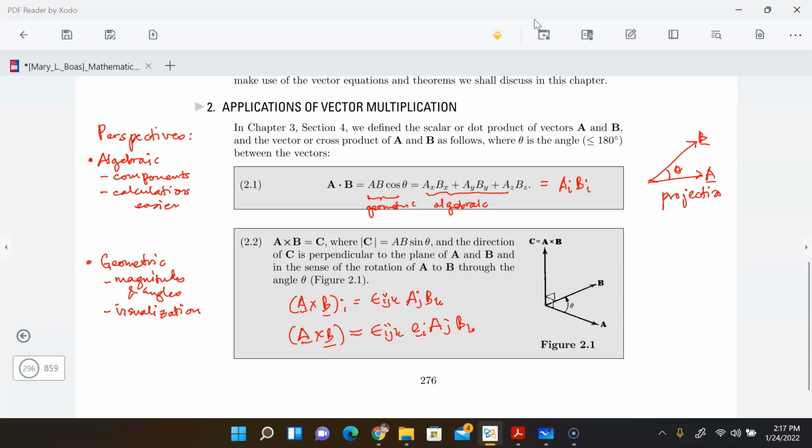The direction has to be perpendicular to both A and B. So if A and B form a so-called plane, then C will be orthogonal to the plane. Okay? So these are kinds of things that are perhaps hidden when you write in terms of components, whereas if you do geometry, you can actually see it.